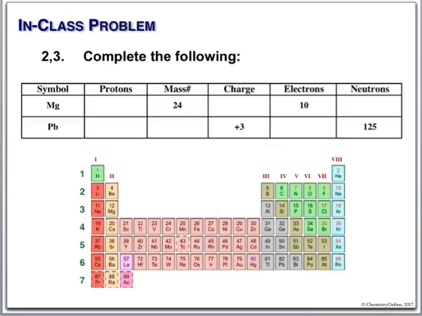Magnesium is over here in group 2, and there it is. Now, magnesium has an atomic number of 12. So we can start filling this in very simply. If its atomic number is 12, how many protons does it have? Atomic number is the same as the protons, isn't it?